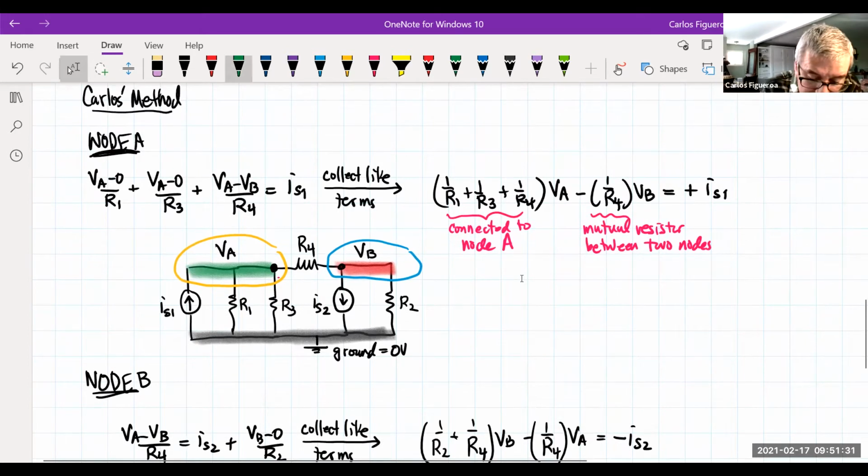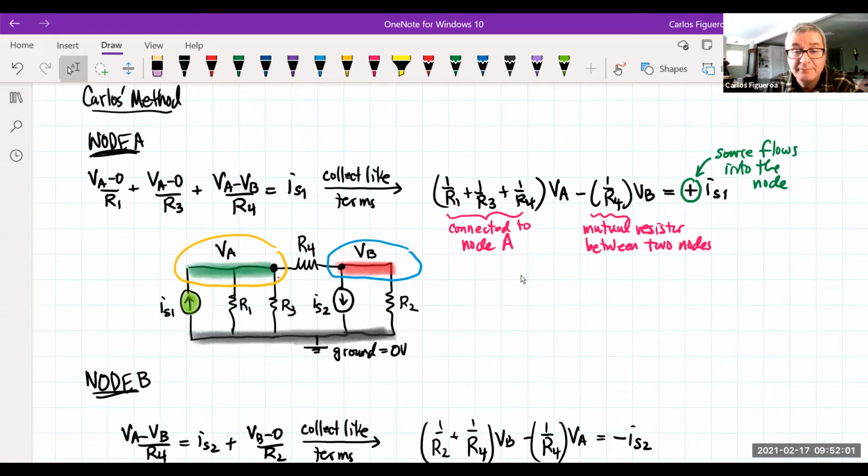But there's a couple of things that we should note here. Check this out. Look at the plus sign for the source on the right-hand side. If I look at what's happening to the current source, that current source is flowing into the node. So the plus sign says that the source flows into the node.